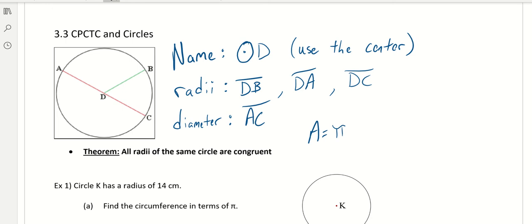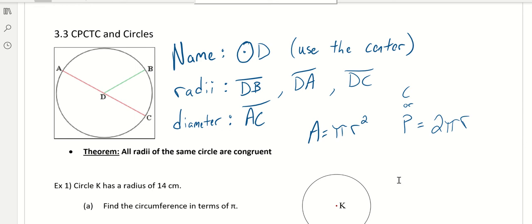Area equals pi multiplied by the radius squared. So if we have the radius, that is enough information to find the area of a circle. That's all we need. We can find the perimeter of a circle, which is another word for the circumference. So we'll say circumference or the perimeter: 2 multiplied by pi multiplied by the radius.